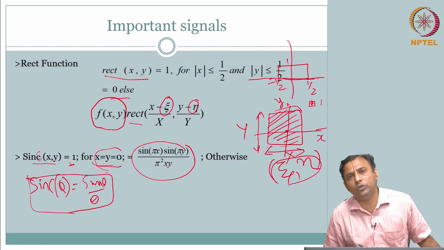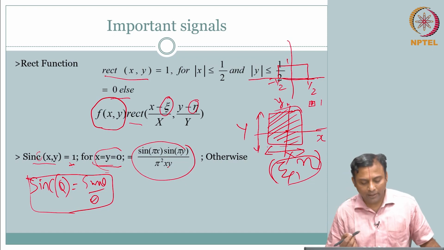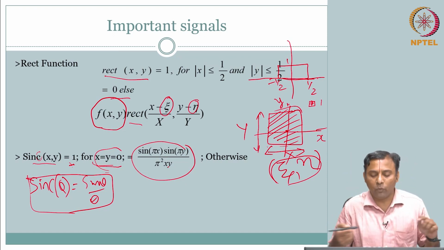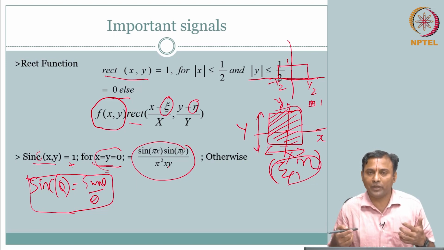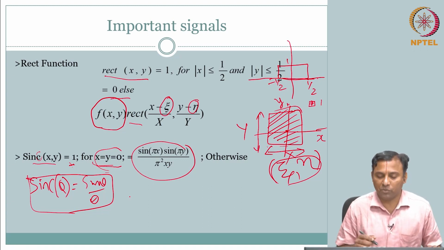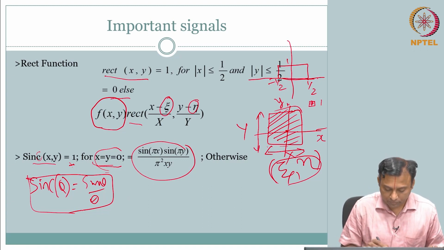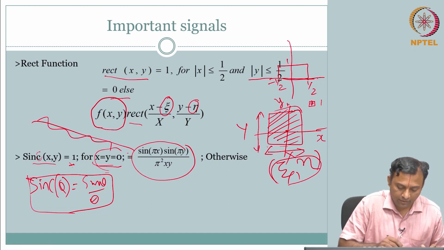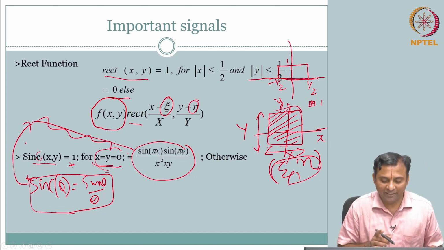How does a sinc function look? In 1 dimension it is easier to draw, if you take a 1D signal. I am going to draw that, but you can start to visualize this as a 2D function as well. Actually, this I am going to do just in 1D.